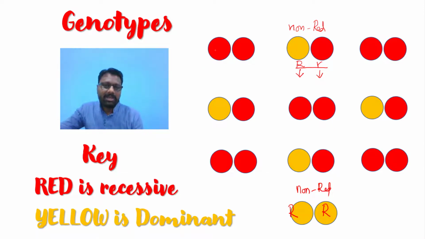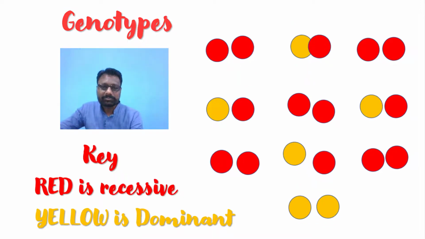So the individuals who have red hair carry little r, and the individuals with non-red hair carry either the allele combination of capital R, or big R, small r. This is about the genotypes of the individuals present in the population.